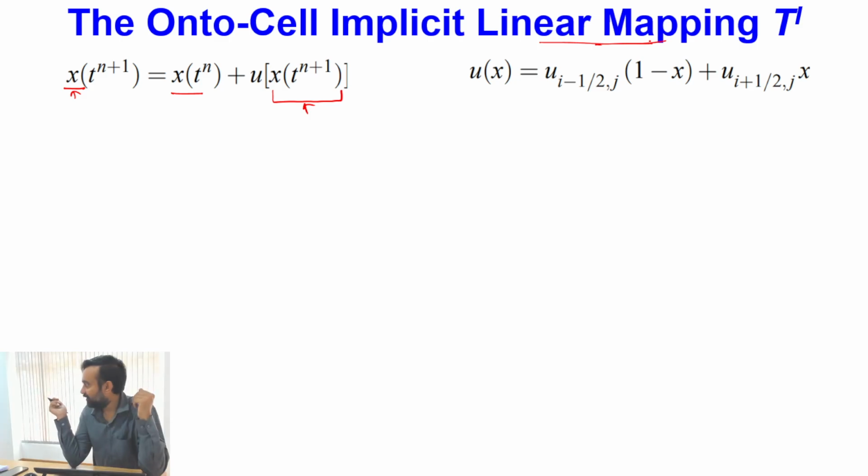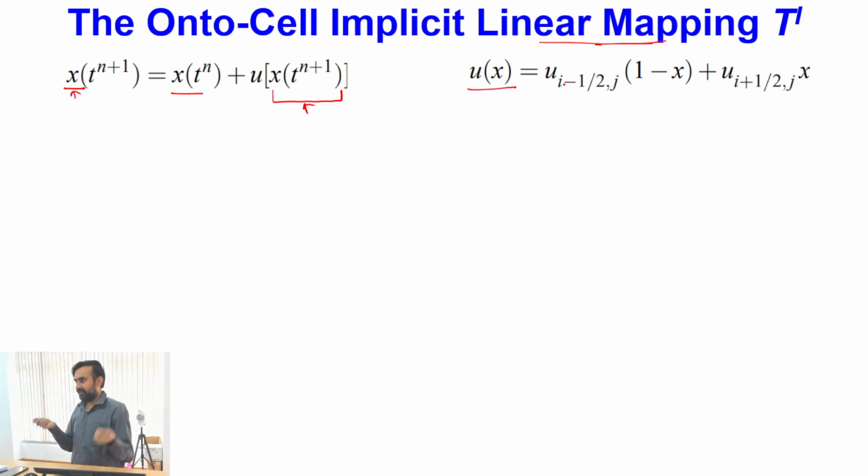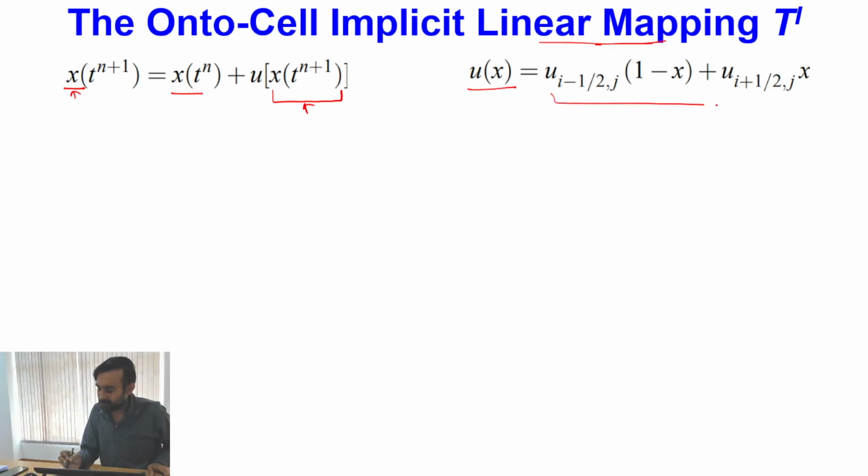It is the way we have represented velocity in terms of linear interpolation of the velocity values known at the endpoints. In the similar way, I have calculated the velocity, where i minus 1 by 2 comma j and i plus 1 by 2 comma j represent the values of velocity at the faces of the cell.